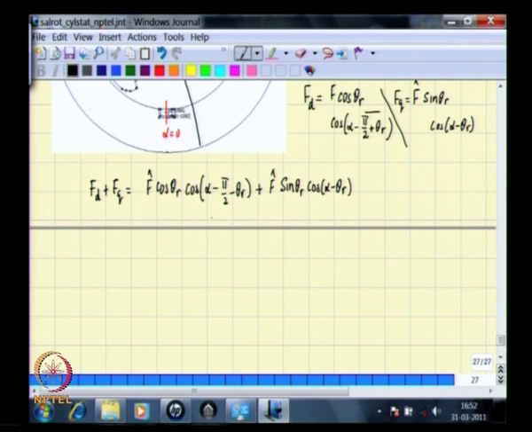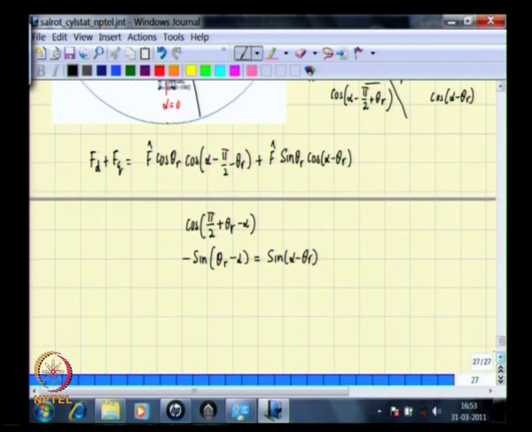Cos of alpha minus pi by 2 minus theta r can be written as cos of pi by 2 plus theta r minus alpha, which is nothing but minus sin of theta r minus alpha, the same as sin of alpha minus theta r.